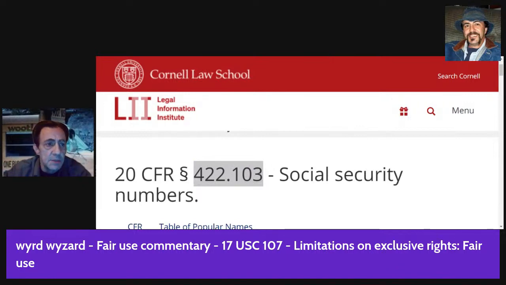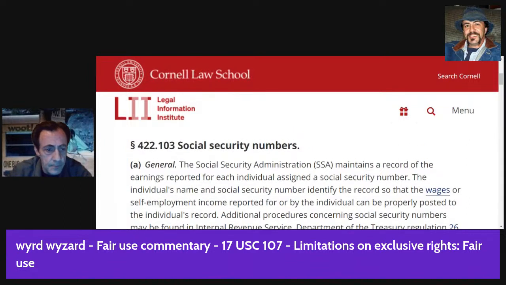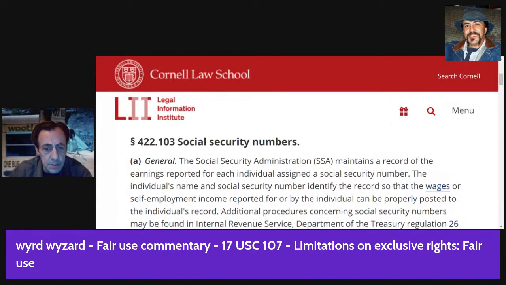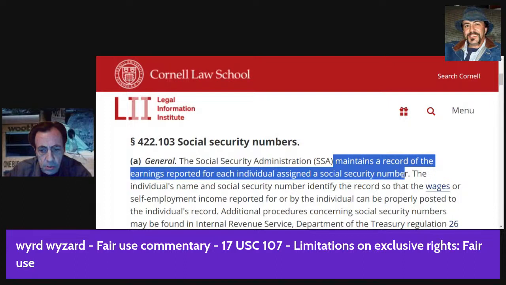And in that, this is where we find, under Social Security numbers, General: the Social Security Administration maintains a record of the earnings reported for each individual assigned a Social Security number.